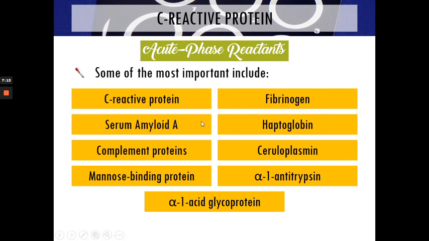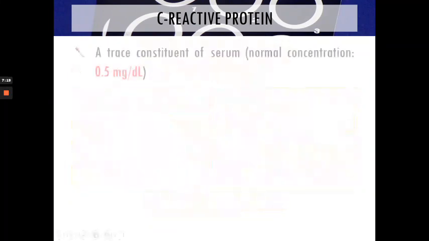Okay, and we'll now focus our attention on your CRP, or C-reactive protein. What is CRP? It's a trace constituent of your serum. Normal concentration is about 0.5 mg per dL.